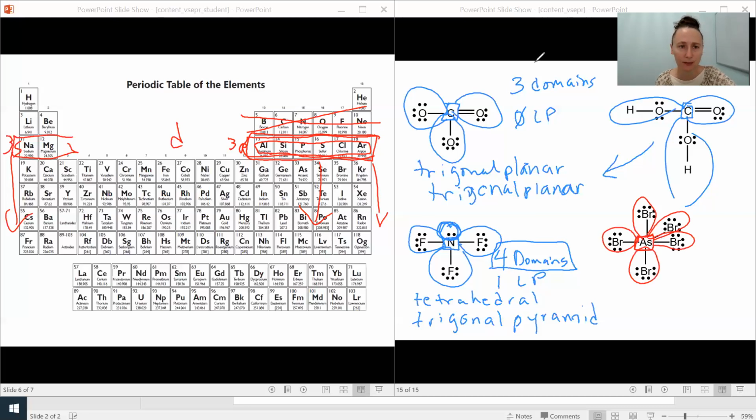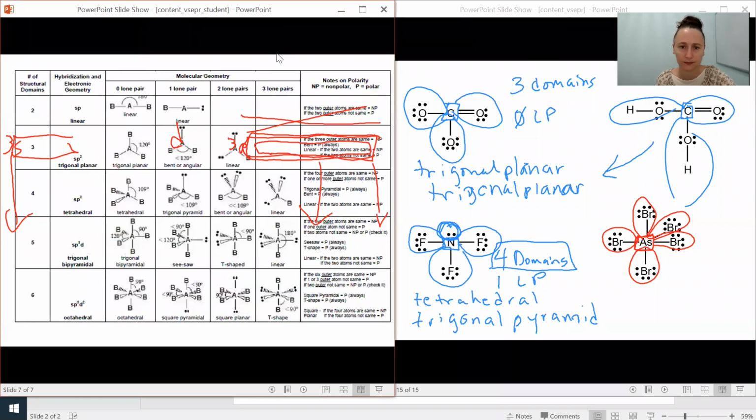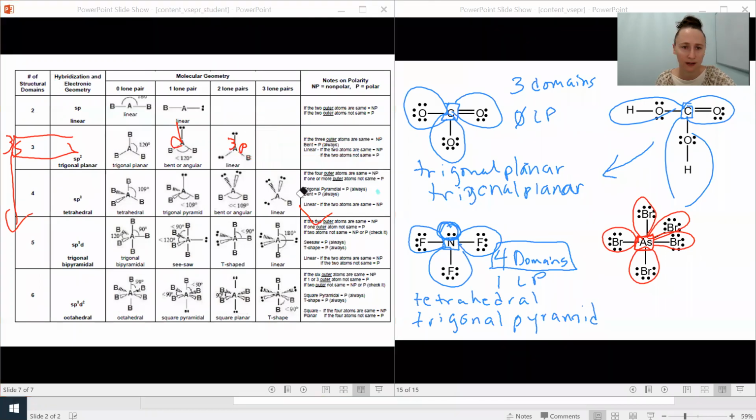All right, so let's go back to our handout. And we are going to go to 5 groups. When you have 5 domains, it's called trigonal bipyramidal.